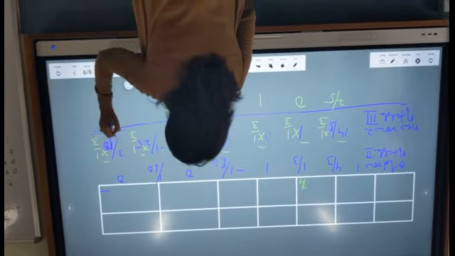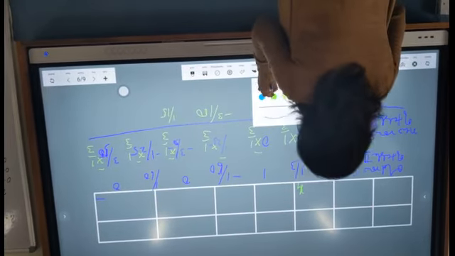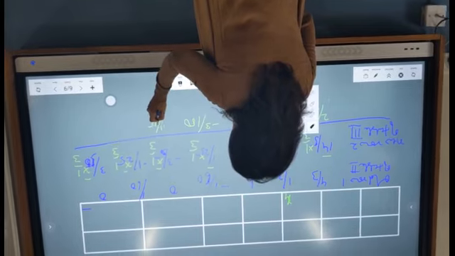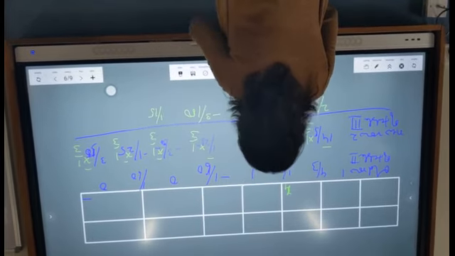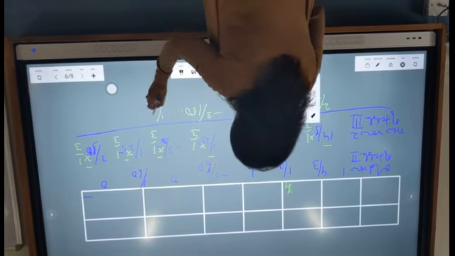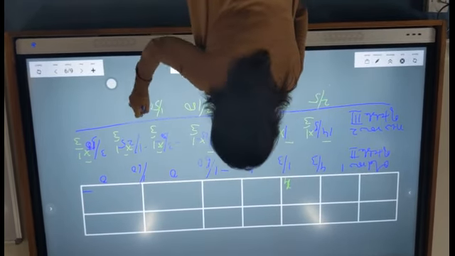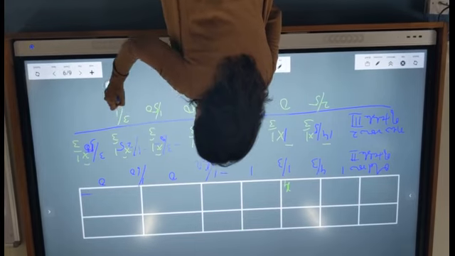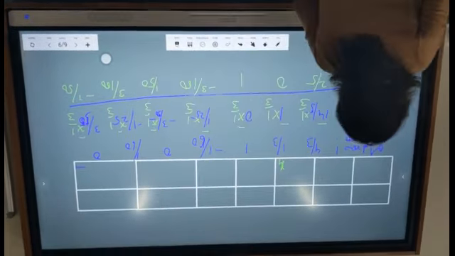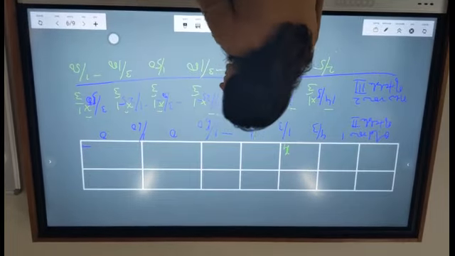This will become 1 by 50, and this will be 3 by 100, minus 1 by 100. I put these values in my table number 3.